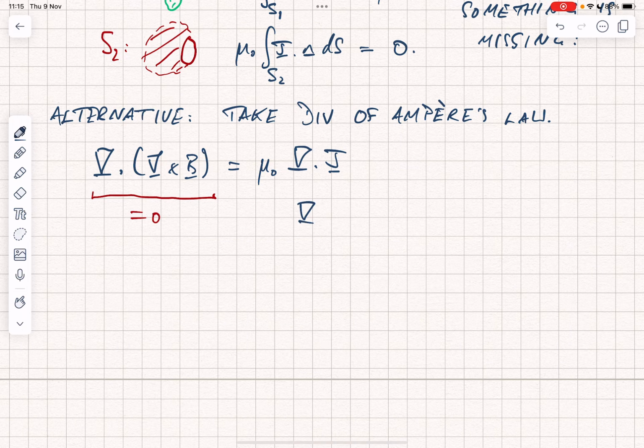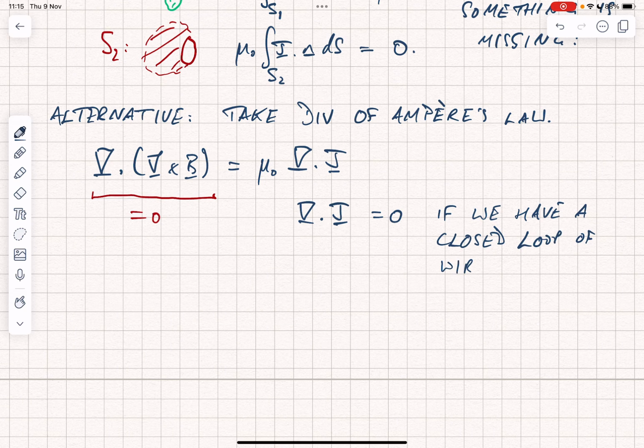So the divergence of J will be equal to 0 if we have a closed loop of wire, or essentially if we have any situation where the current density is not accumulating, in other words, charge is not accumulating. So again, we have this problem where the two sides of the equation are not compatible.